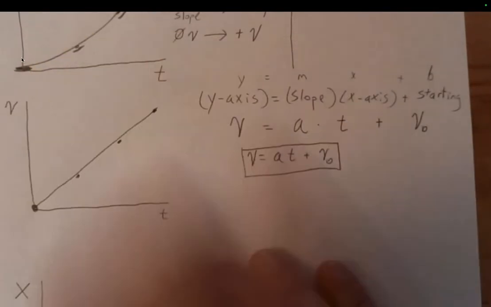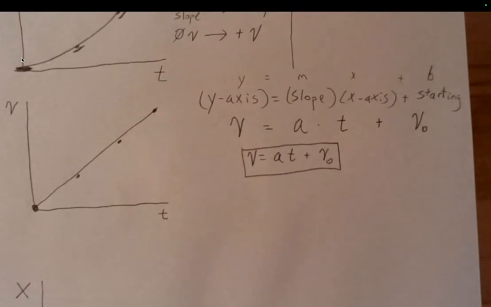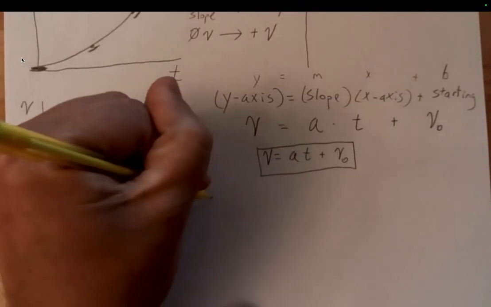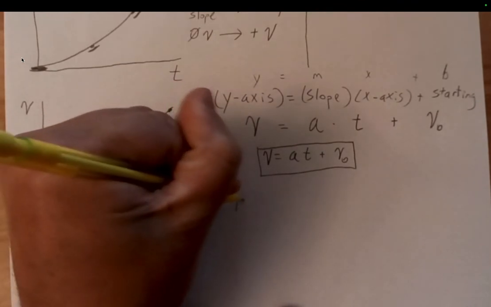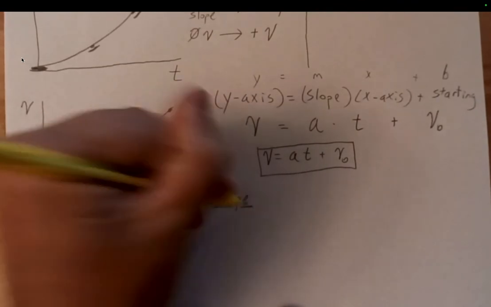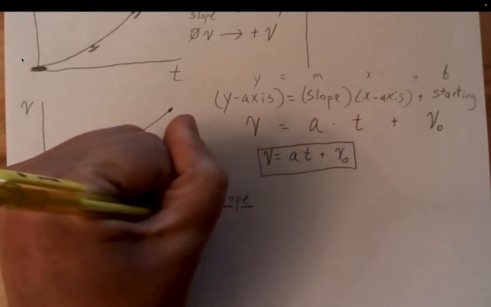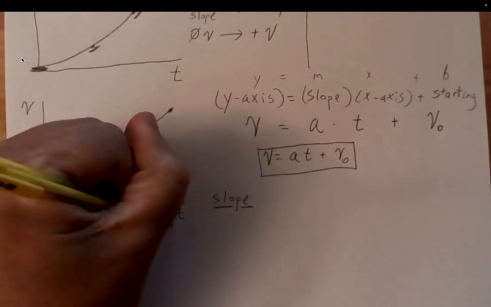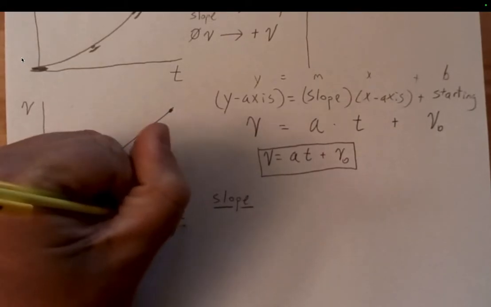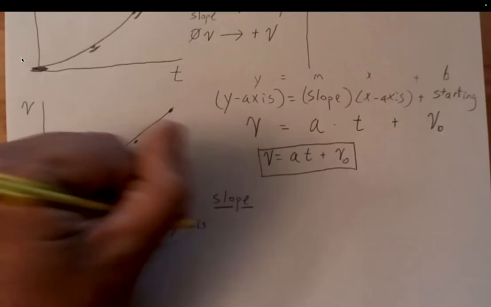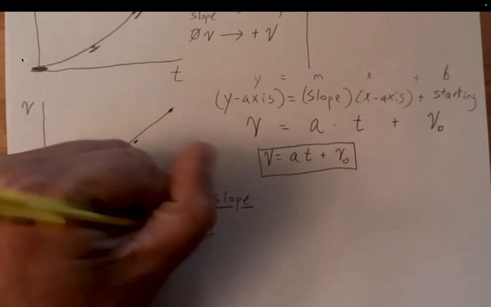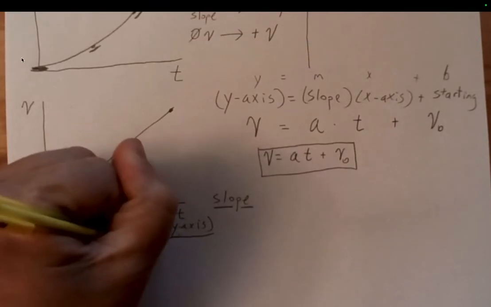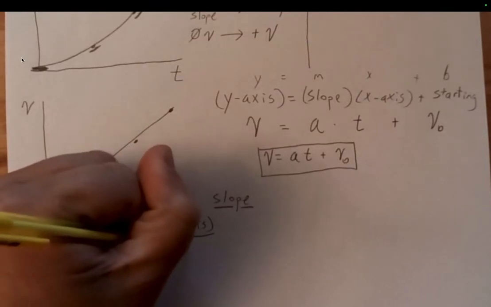So with any graph, we can talk about the slope or the area. So in this case, for this graph, the slope, which is change in y-axis divided by the change in the x-axis.